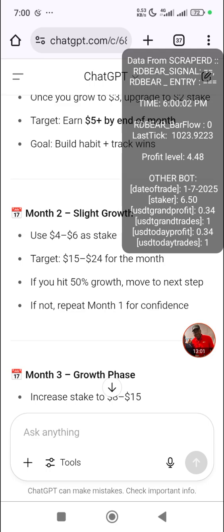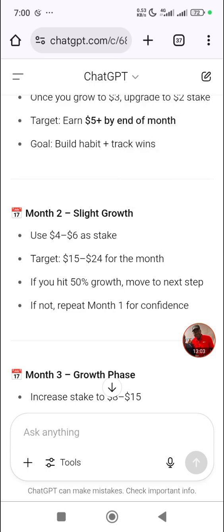Now, let's say month 2, we are looking at slight growth. Remember, the last stake we used was $2. So now we have been able to do that. What we need to do is up our game. We are using $4 to $6 as stake. Now, our target is actually like $15 to $24 for the whole month.